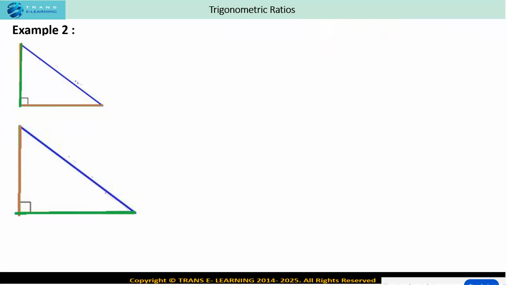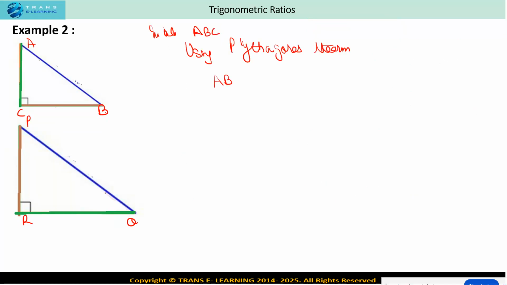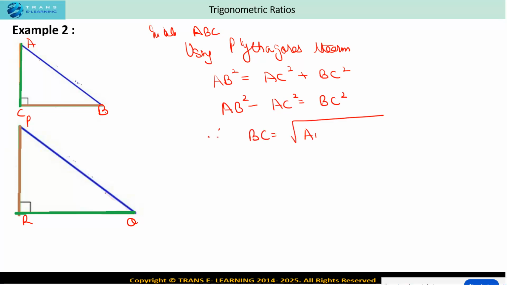So this is what we have: A, C and B, and P, R and Q. Now if I take the triangle ABC, by the Pythagoras theorem AB square is equal to AC square plus BC square. So AB square minus AC square equals BC square, or I can write BC is equal to the square root of AB square minus AC square.